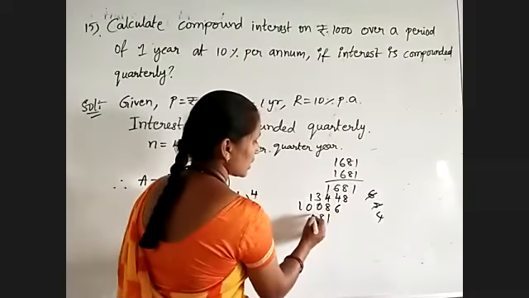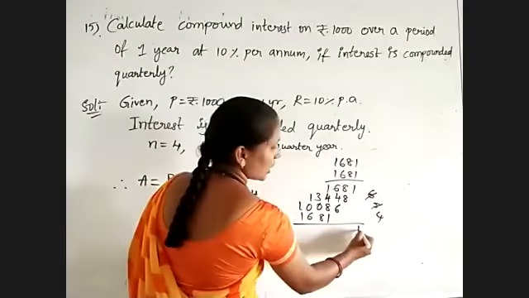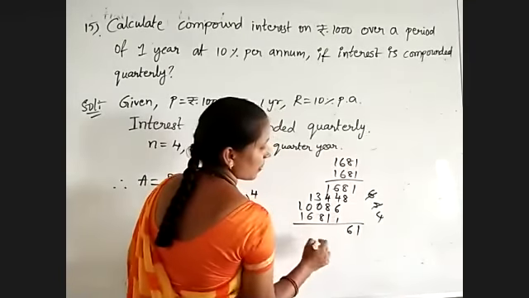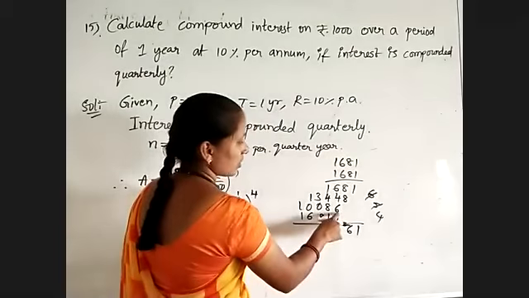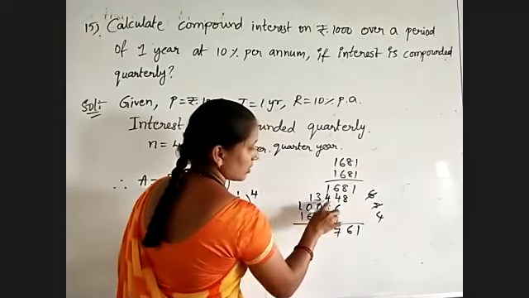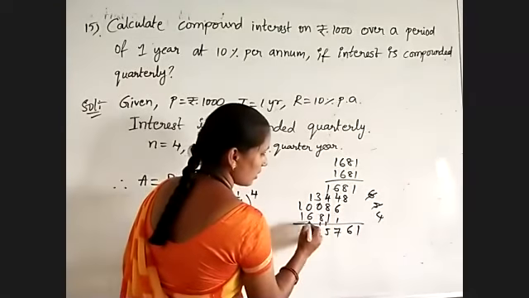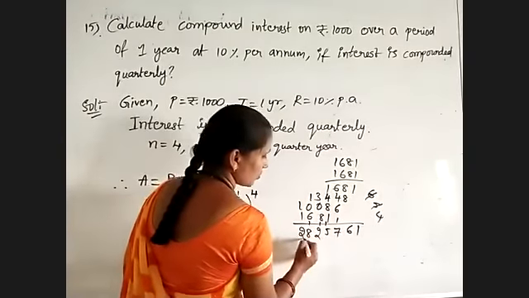Calculations are lengthy, that's all. So 1, 8 plus 8 is 16, 6 plus 4 is 10, 17 completely, 10 plus 5 is 15, 9 plus 3 is 12. 2 8 2 5 7 6 1.